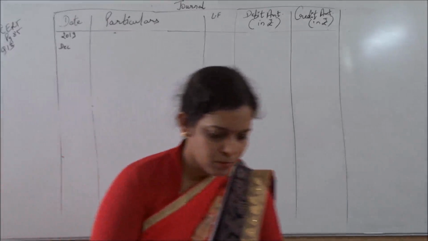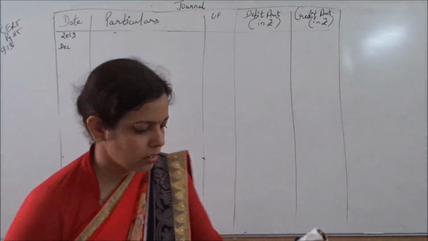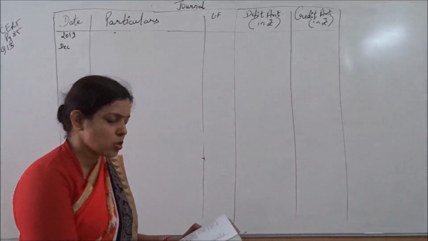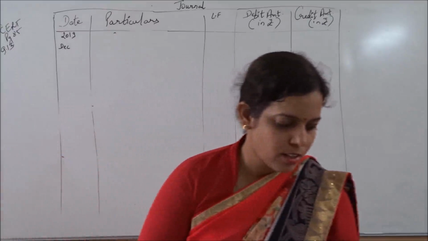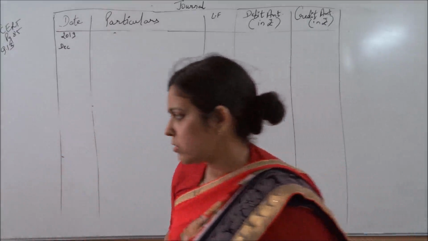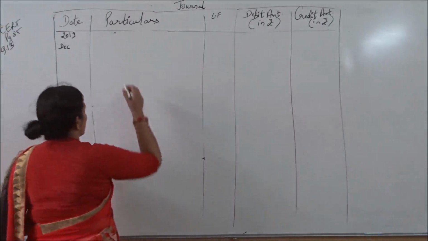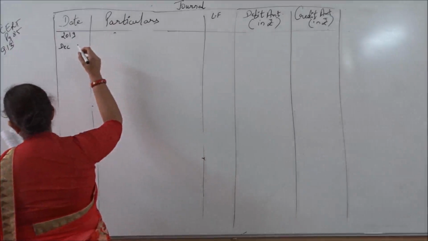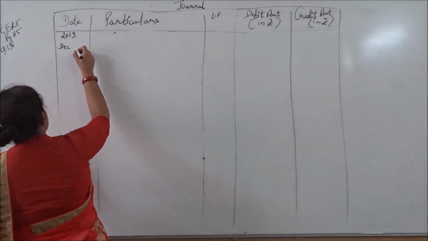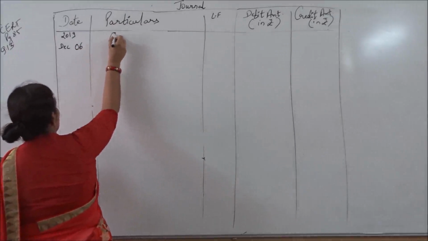Yes. Now, next one. Sold goods to Rahul for cash. Goods are sold to Rahul for cash. So, who is receiving the goods now? Rahul. So, Rahul's name will come. It is a transaction of December 6th.